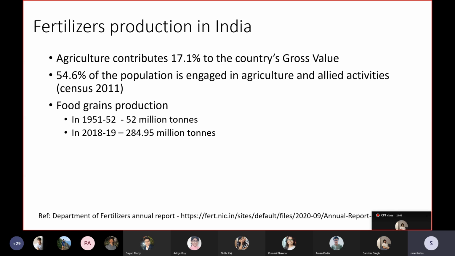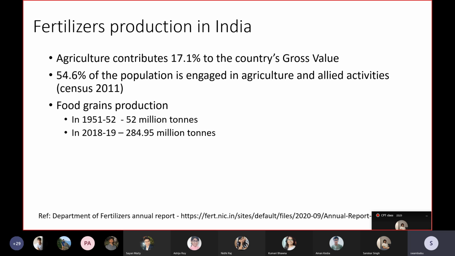So it's a huge quantity. Now to get this much crop production, you can imagine how much fertilizer is required across the country. So the need for fertilizer is very, very high. The government of India has started, just post-COVID or in the middle of 2021, some of the very old fertilizer plants.